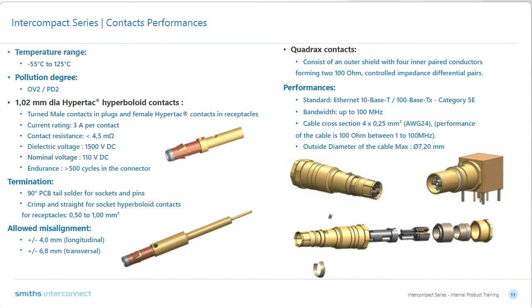So that was a quick overview of the product's specification. Now let's spend a little bit of time understanding some of the other nuances of where the product works. So, miniaturization.